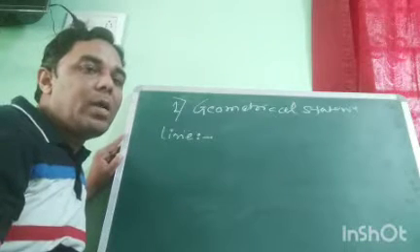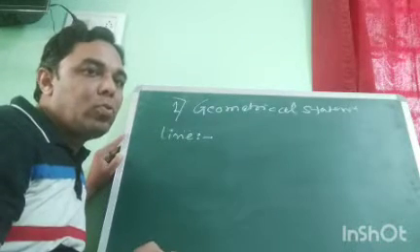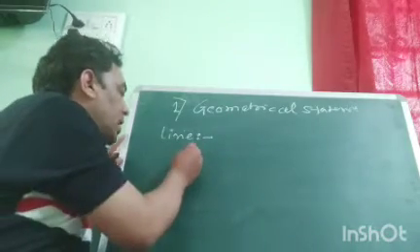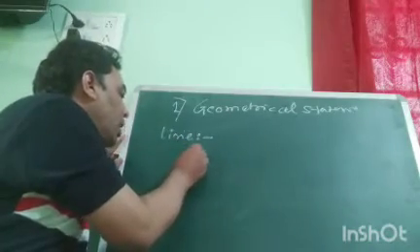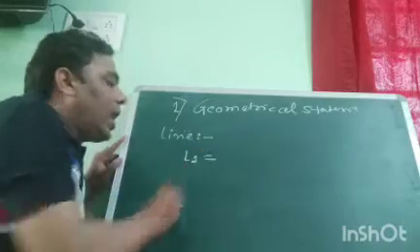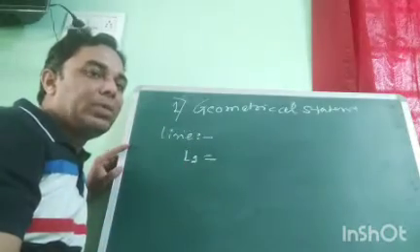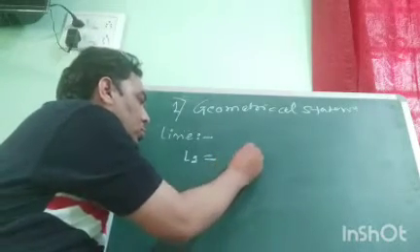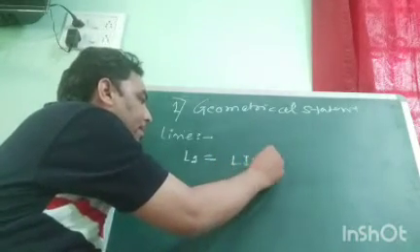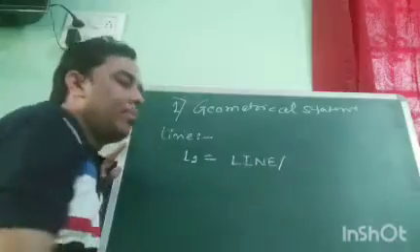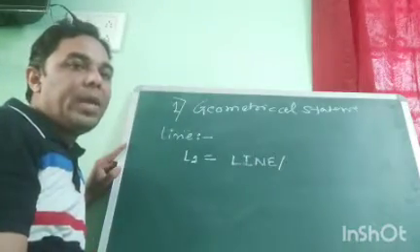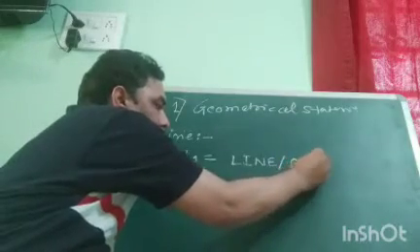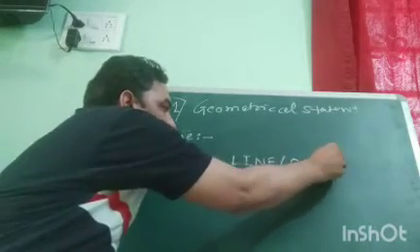So how can we write it when a line passes through points P1 and P2? Let's start writing. First we need to write down the symbol, L1, the line 1, which passes through the points P1 and P2. So the line, then where does it pass? From P1 and P2. P1, comma, P2.